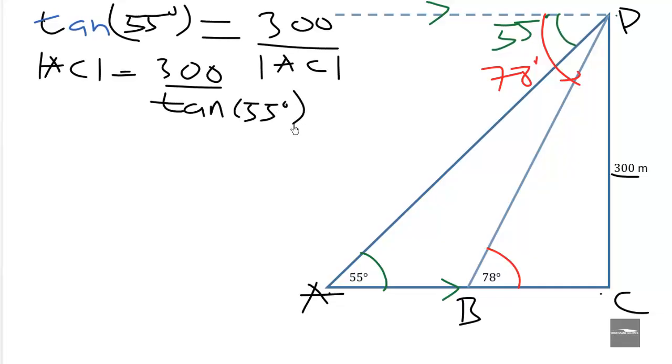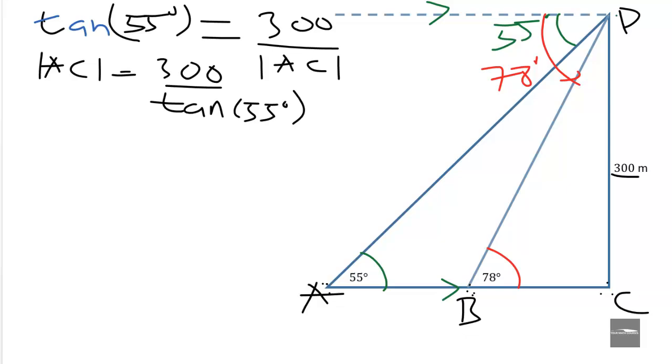So we're actually finding the distance between the two beds, that is the distance A to B. But we have to find AC, then we find BC because of the angles given us. Then we subtract BC from AC to get AB.